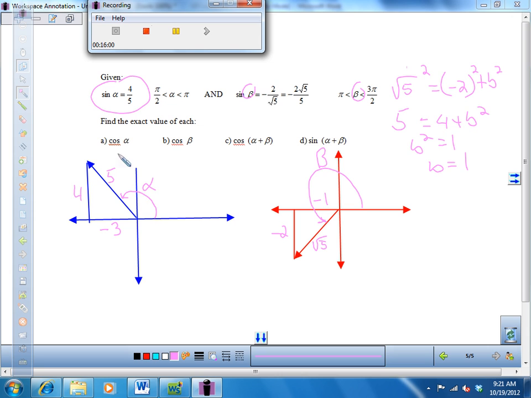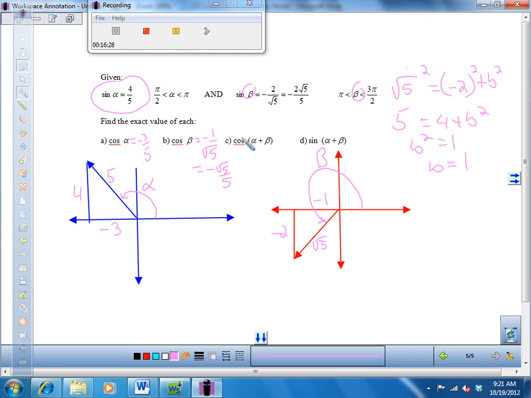Answer these questions. Cosine of alpha is -3 over 5. You just look at the picture. Cosine of beta is -1 over root of 5, or negative root of 5 over 5, if you want.